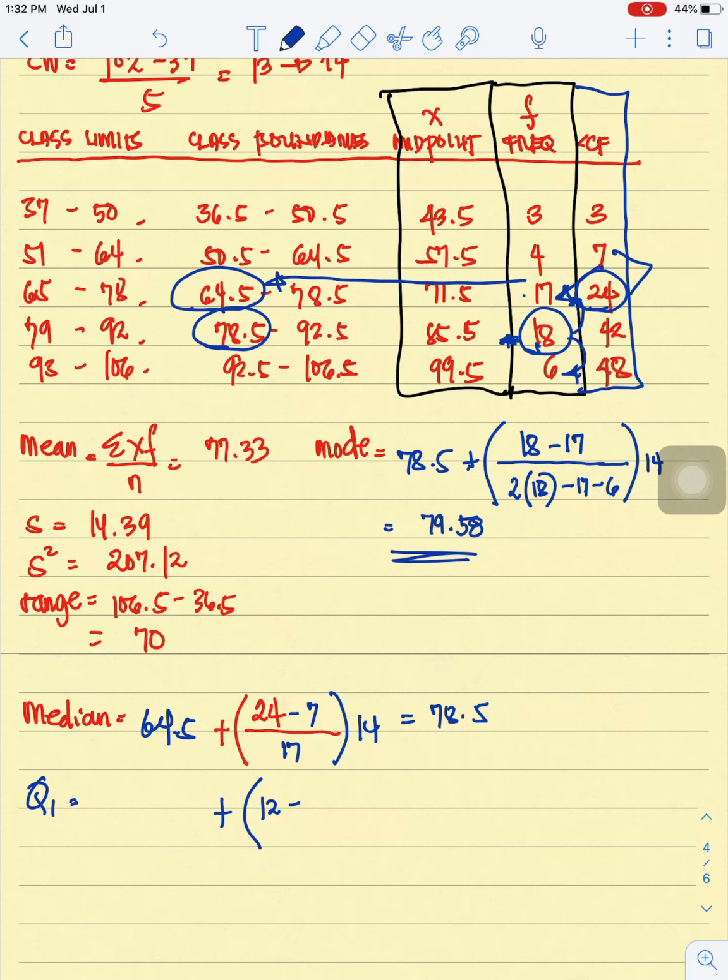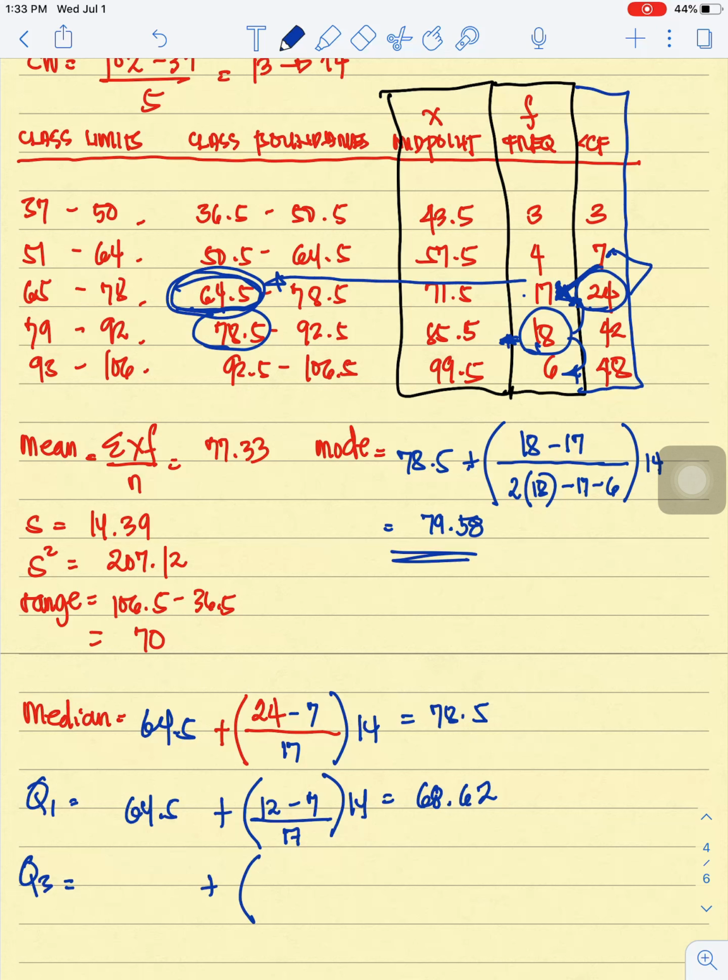So 12 minus this value, divided by the frequency, 17, times 14, the class width, plus the lower class boundary in the row of the frequency. We have here 64.5. So Q1 is 68.62.